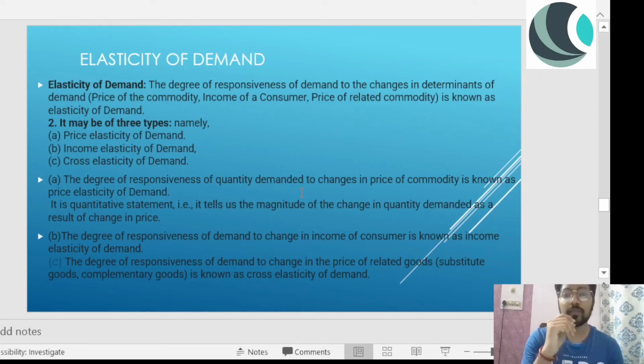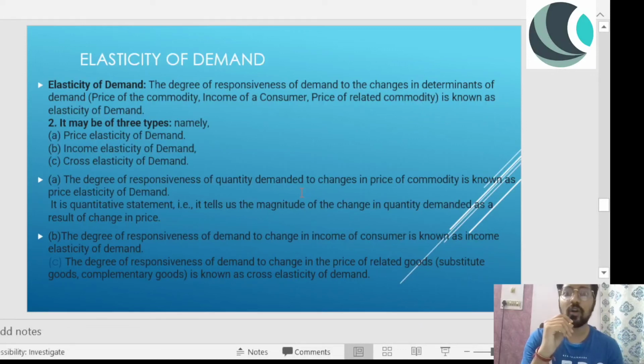The degree of responsiveness of quantity demanded to change in price of commodity is known as price elasticity of demand. Now we're talking about how much the change in the quantity demanded is due to change in the price of commodity. That will come under the price elasticity of demand. It is a quantitative statement, because there is a change in price and there is an equivalent change in quantity demanded.